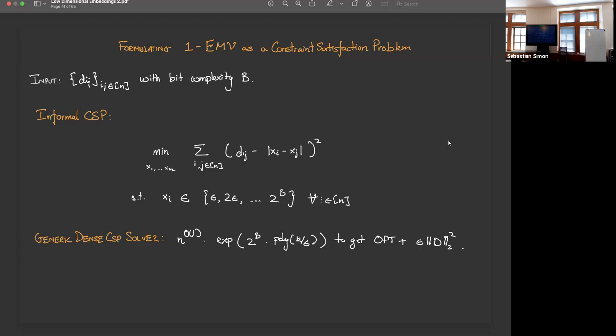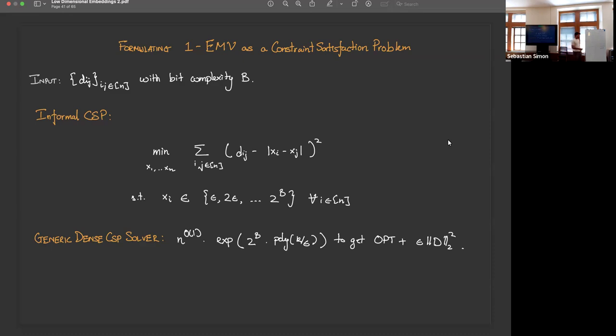And the second observation is that this CSP is dense. So the CSP has a constraint for every pair xi, xj. So what I can try to do is use some generic dense CSP solver to get additive approximations. And this actually works.